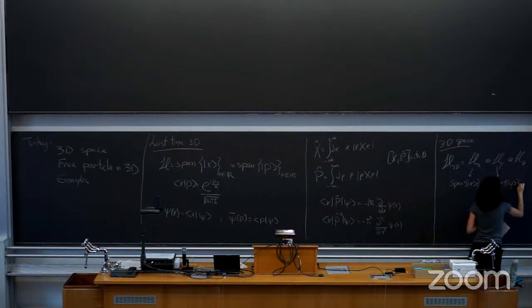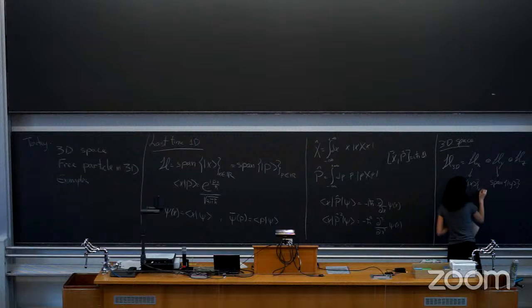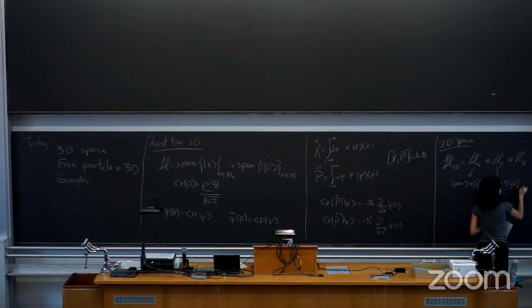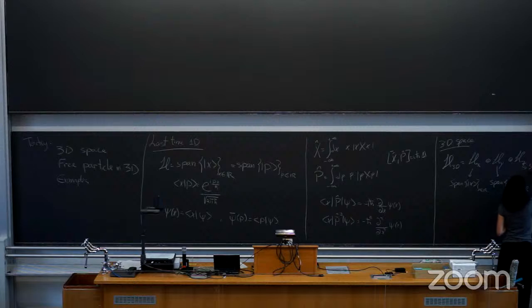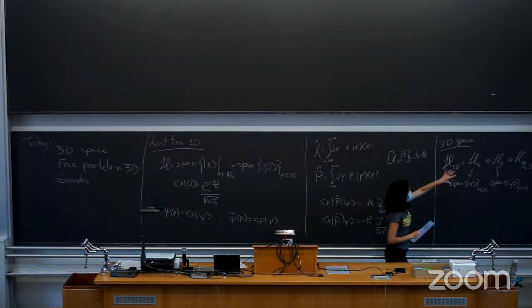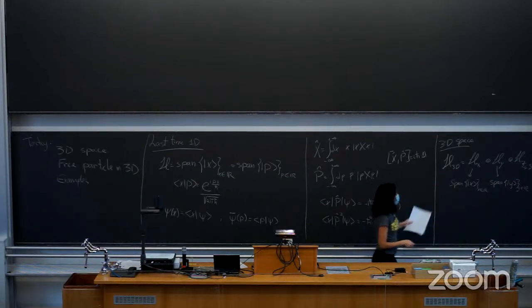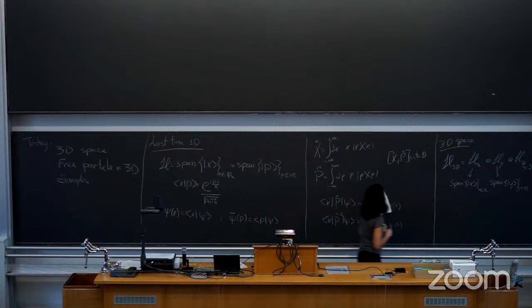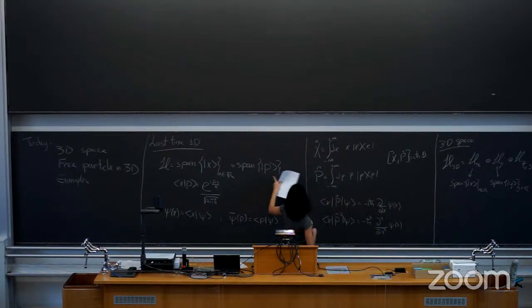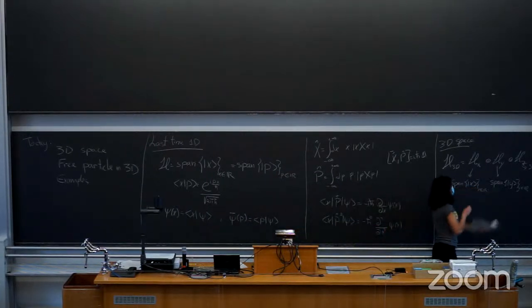So x is in R. So it's 3 copies of this 1D thing. Each of them also has a P basis, and we're just going to give it different names for each of them. So this is the span.